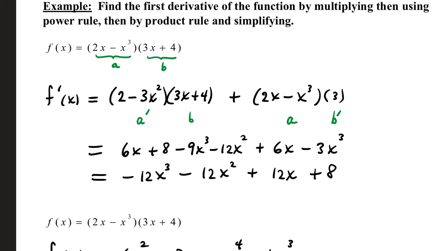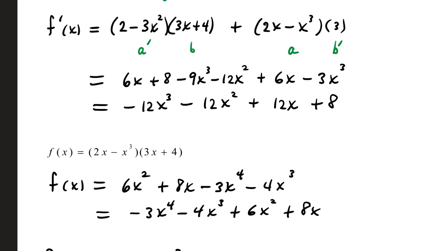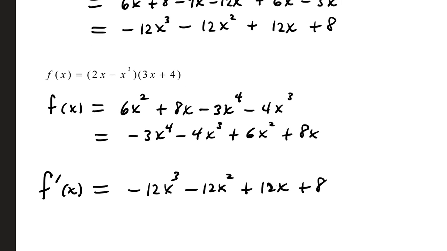Now, if we had chosen to multiply first and then use power rule, this is how it would play out. It's the same problem, we're just going to do it in a different way. If we start out by multiplying using the FOIL method, we have 6x squared plus 8x minus 3x to the fourth minus 4x cubed.